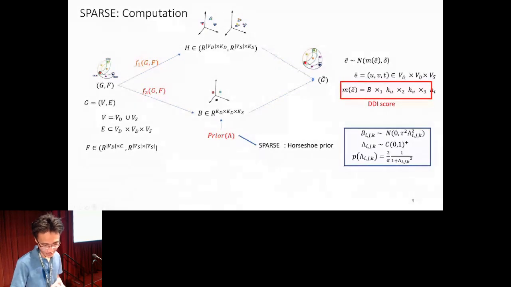Horseshoe prior is a hierarchical distribution with zero mean. The idea is to control the variance of this zero mean distribution. If the variance is very large, the values can be very large and far from zero. If the variance is very small, close to zero, the value is close to zero and it's sparse.